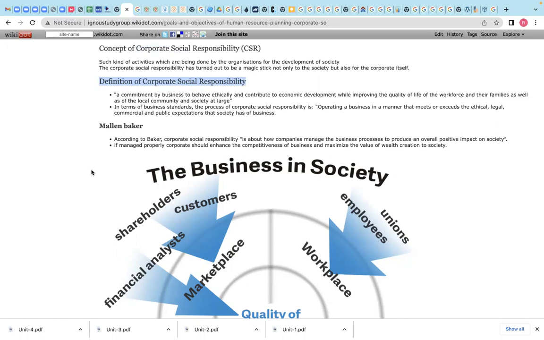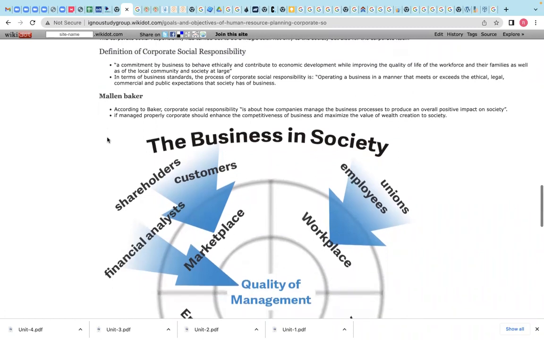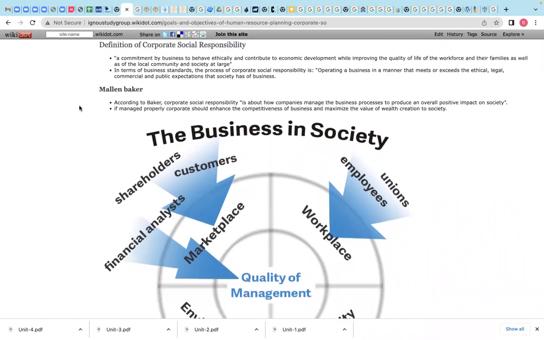Okay, so basically, this is a responsibility or a commitment that the organization shows to improve the quality of life of the workforce, also the local community, and also the society at large. So that is what corporate social responsibility is, right? A lot of companies do things like cleaning up of lakes or planting trees and those kind of things.